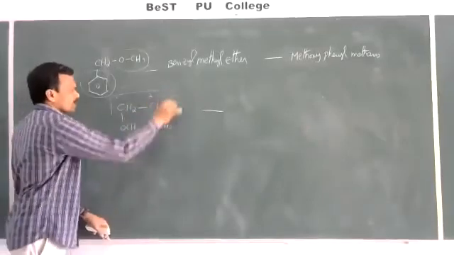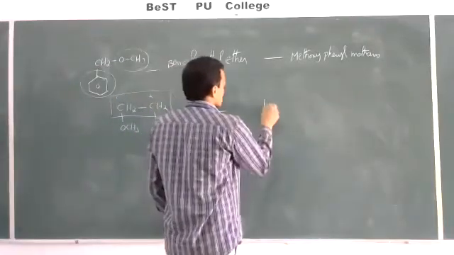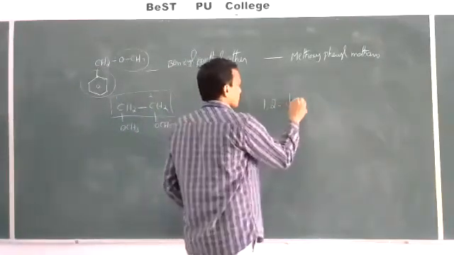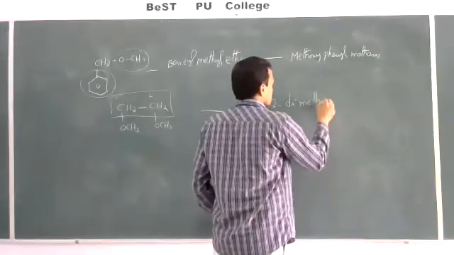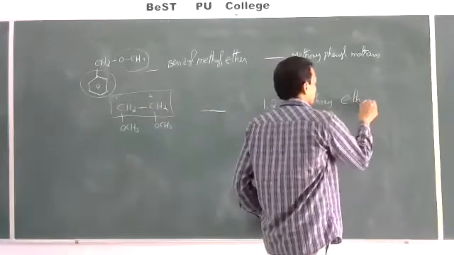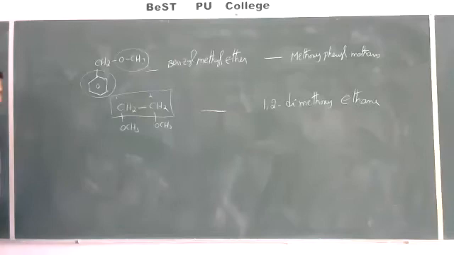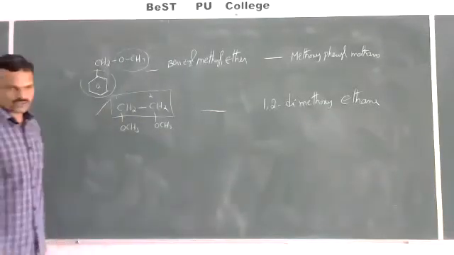This should be taken as the parent chain, and these two are represented as alkoxy groups. Now the IUPAC name is 1,2-dimethoxyethane. 1,2-dimethoxyethane, this is the IUPAC name of this compound.